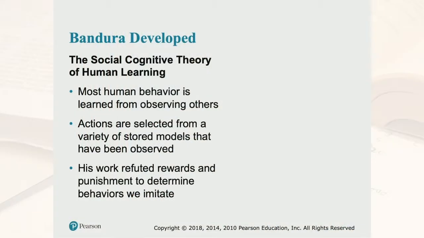Another theorist's approach, Bandura, was the social cognitive theory of human learning. Again, imitation plays a big key in Bandura's theory, and he believed that most human behavior is learned from observing others. Really that's where children get their social cues as well, as they see how other children interact in social environments, and they see how we interact socially with their parents as well as their peers.